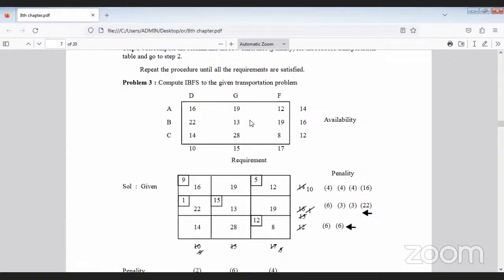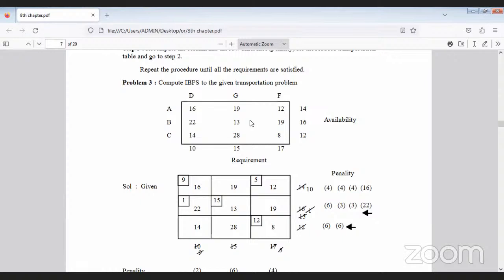And the second row? 35, 45, 54, sir. 54. Yes sir, 54.